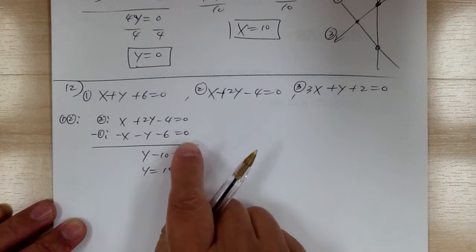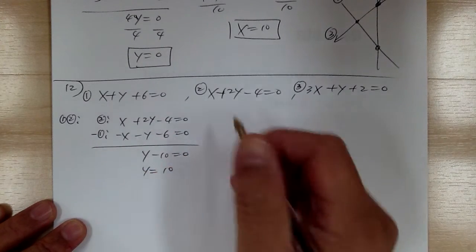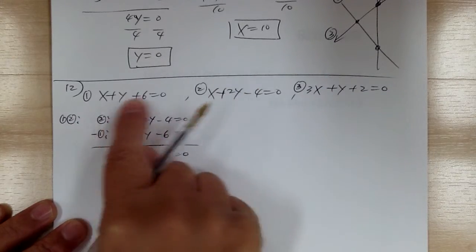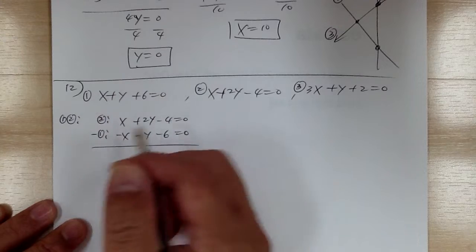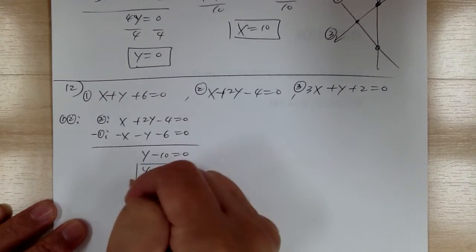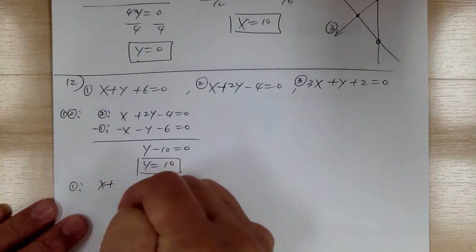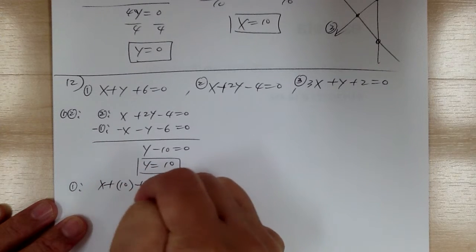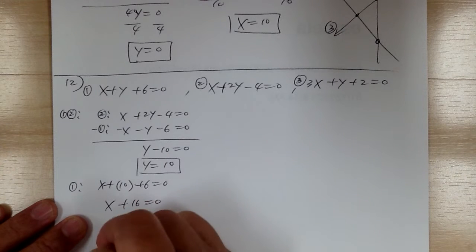Once I find y equal to 10, I can put it in any one of the equations to solve for x. I'm going to use equation 1. So I get x plus 10 plus 6 equal to 0. So x plus 16 equal to 0. So x equal to negative 16.